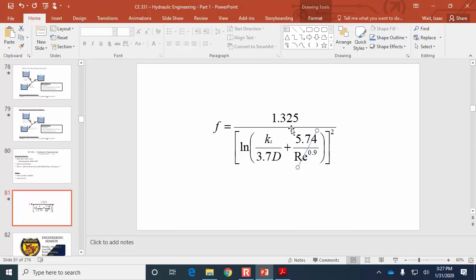That is what you get when you assume fully turbulent flow. So for iteration 1, you assume fully turbulent flow and you calculate the F that way. Iteration 2, you don't assume that anymore.